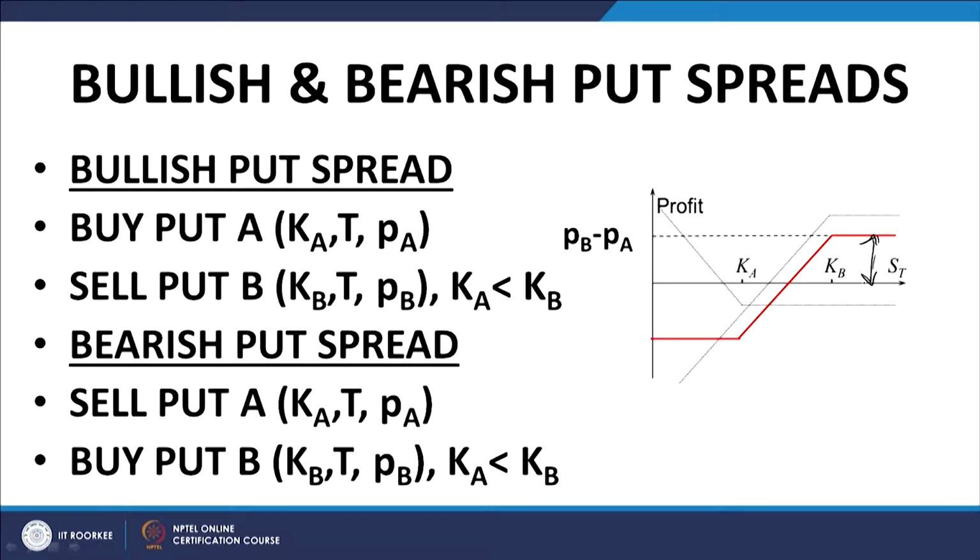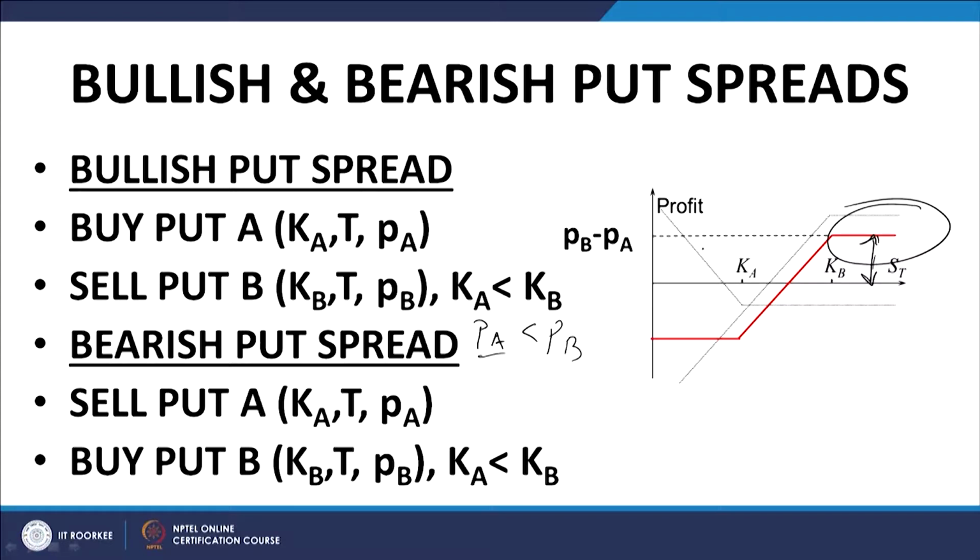Because Ka is less than Kb, the premium on Ka, Pa, is less than the premium on Kb, that is Pb. Because you are buying option A, this is the amount that you are paying, an outflow, and this is an inflow, and therefore we make a certain amount of profit on the strategy, and this represents that particular region of profit.